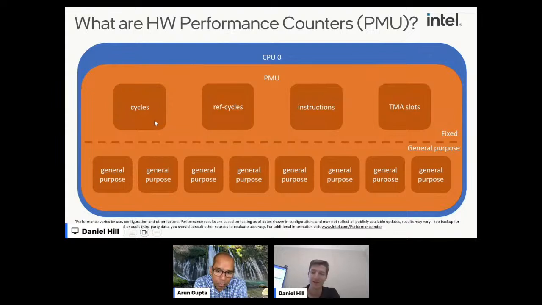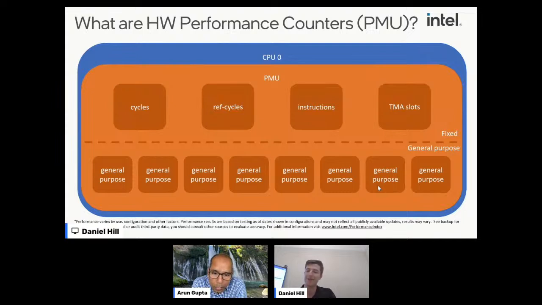Again, this is a simplified version, but you will increment every time a cycle happens, or a ref cycle, or an instruction is retired, or these TMA slots, which I'll explain in a sec what TMA means. And there's a little MSR, machine-specific register, that's hooked up to this. Then you have these general purpose registers down here, which you can schedule any event you want on.